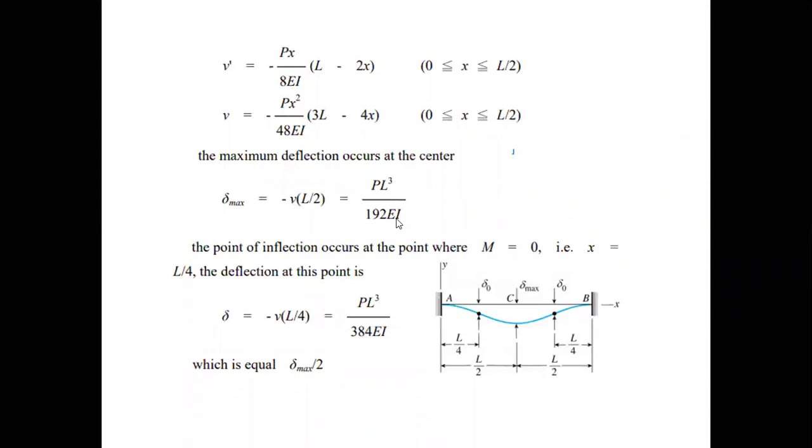Sorry, in this case, because this is a slope equation and this is a deflection equation, on putting the value of L by 2 in the deflection equation, we'll get simply the deflection at L by 2, and we know the maximum deflection occurs at a distance L by 2 from each end. So this will become PL cube upon 192 EI.